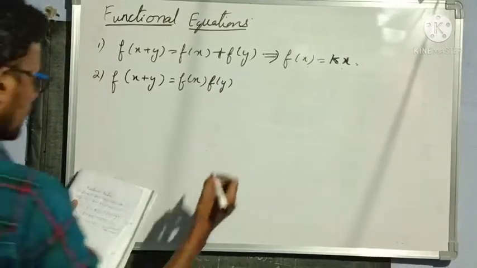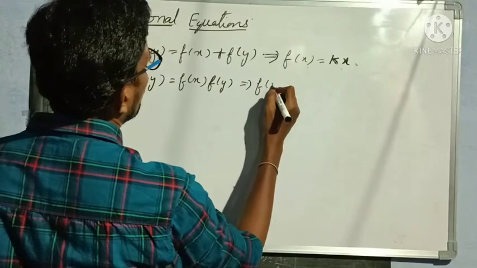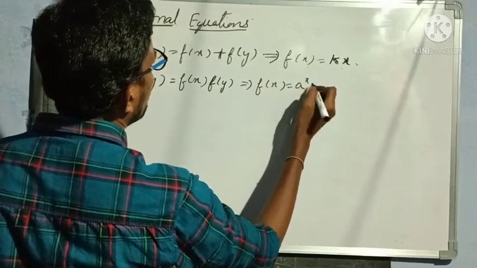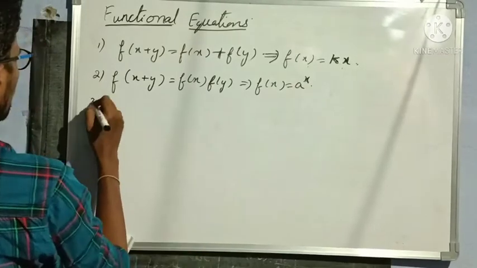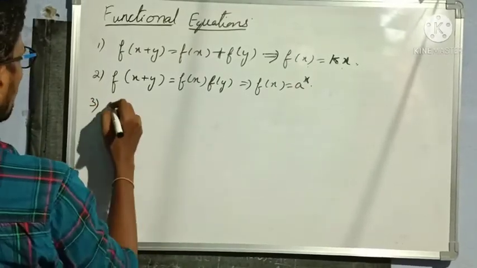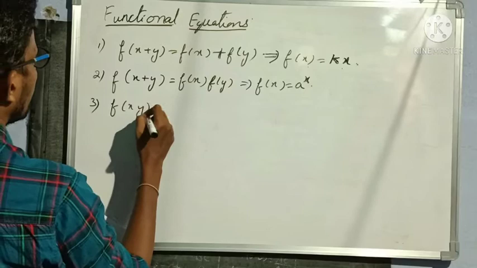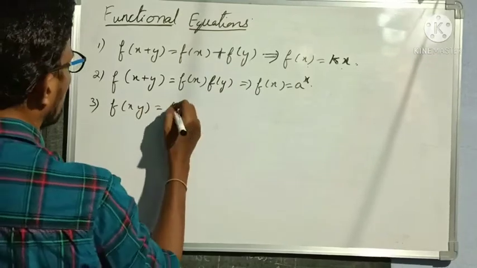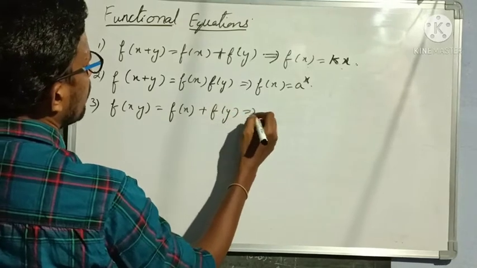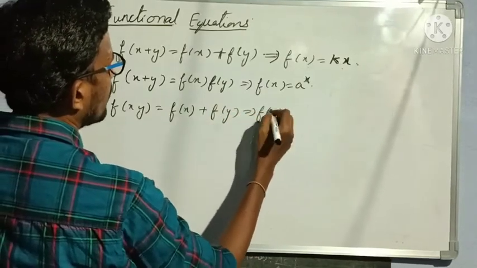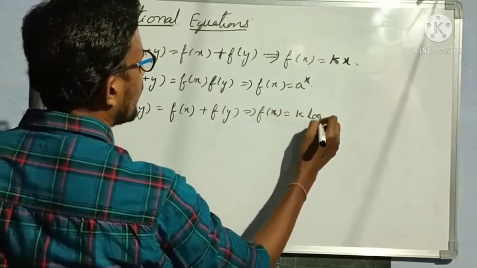Okay, this implies f of x is equal to a power x, means we will get a function of the form a power x definitely. Understood? And third formula, f of xy is equal to f of x plus f of y. This implies f of x is equal to k into log x.